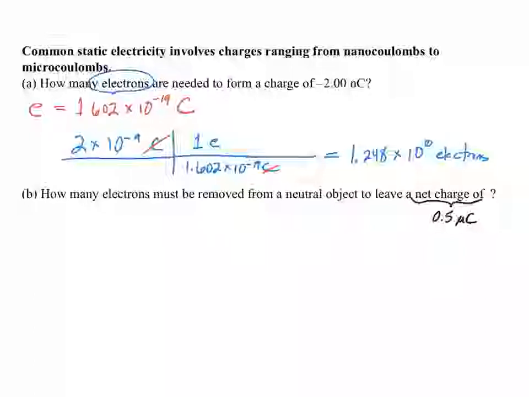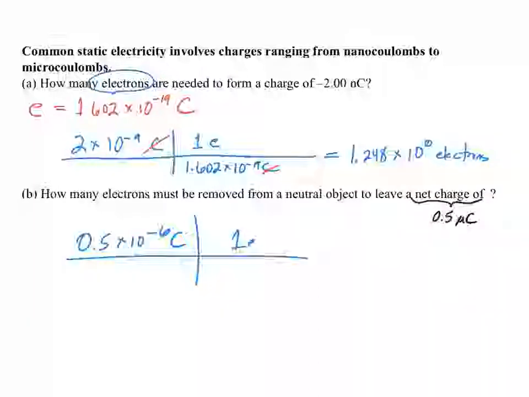Well, let's figure out how many electrons are in half a microcoulomb. So once again, we would do our same basic. I have 0.5 times 10 to the minus 6 coulombs, because that's what a microcoulomb is. And I'm going to divide it by 1e per 1.602 times 10 to the minus 19 coulombs.